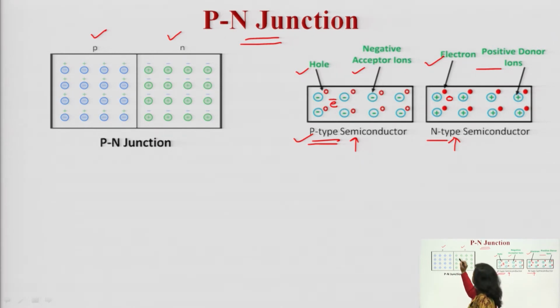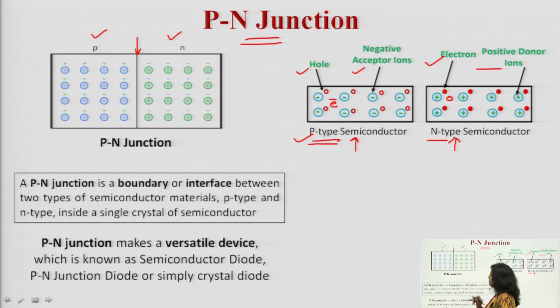When these two are joined, this joining point, this boundary, is a junction, and it is known as a PN junction. So, a PN junction is a boundary or interface between two types of semiconductor materials, as you are joining a P-type semiconductor with an N-type semiconductor.